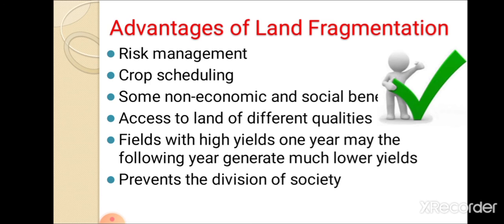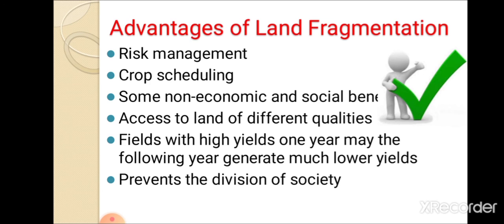Okay, after that, next advantage, that means the fields with high yield in one year may the following year generate much lower yields. Thus, several plots of the same crop spread out the risk.